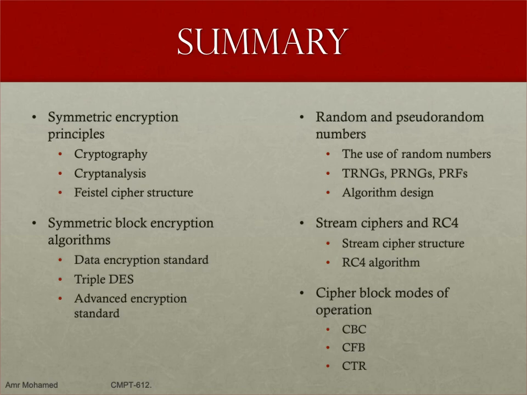We talked about random generators and the different types of them. We talked about RC4 being one of the standards that NIST recommends, which uses pseudo-random generators and the stream cipher concept and its properties. And we talked about the modes of operation, including cipher block chaining, cipher feedback mode, and counter mode.